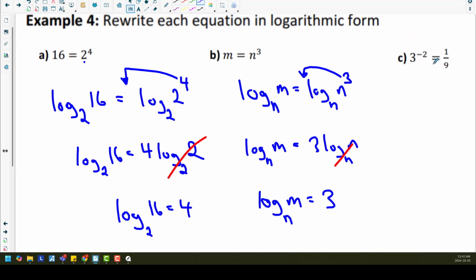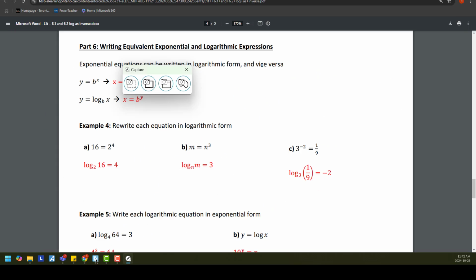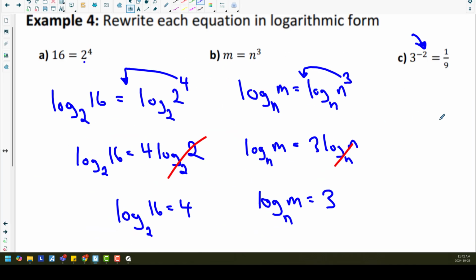Here, what's the exponent? The exponent is negative 2. So if we want to rewrite this, what I would do is base value of 2. No, hold on. Can we do negatives? Can we do logs of negatives? Yes, we can. Remember, what's my base value?